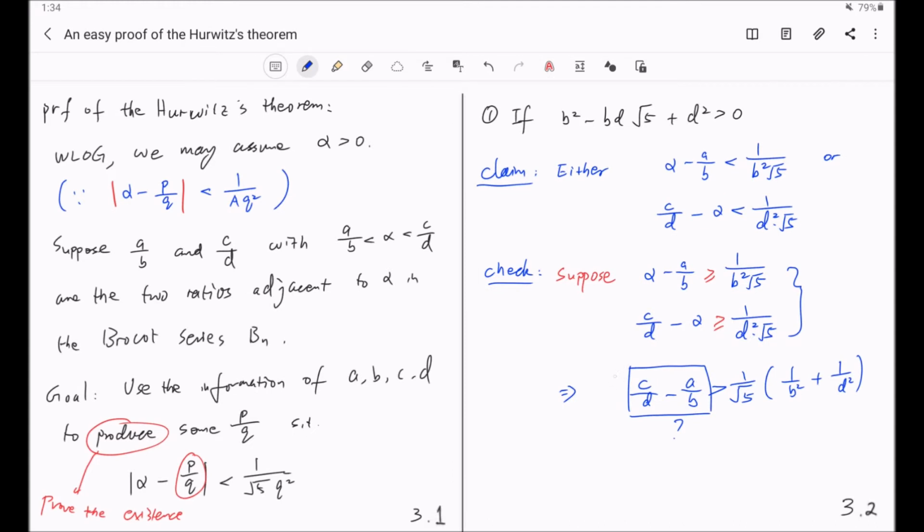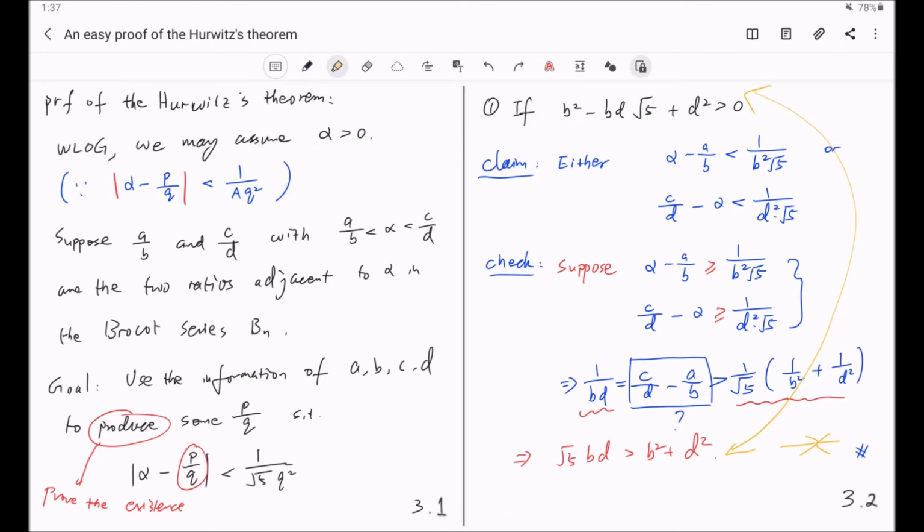And by the lemma we proved above, the left-hand side is equal to 1 over bd. And this gives you this inequality, which can be simplified into square root of 5 times bd greater than b squared plus d squared. So what is this? This is a contradiction. So we verified this claim.